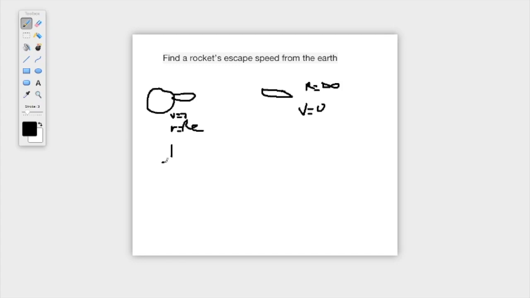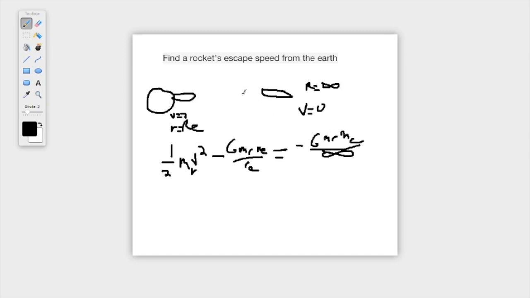So 1/2 mv squared, and this is the mass of the rocket, minus G Mr Me over the radius of the Earth, equals 1/2 mv squared times 0, minus G Mr Me over infinity.